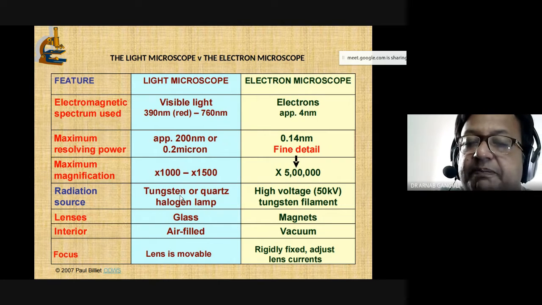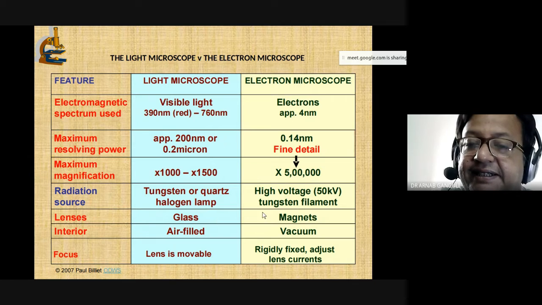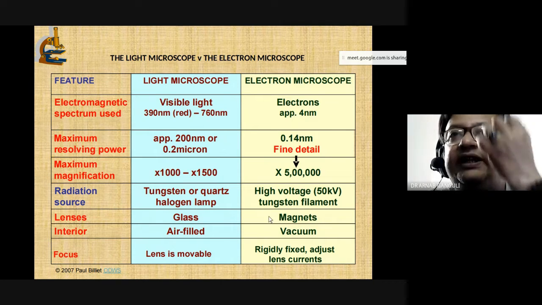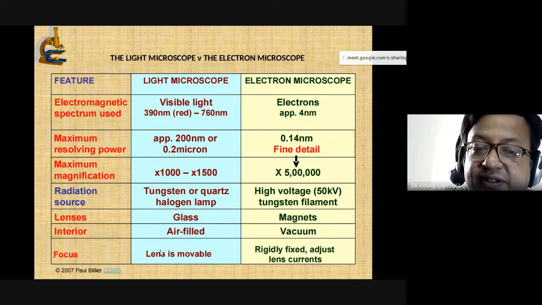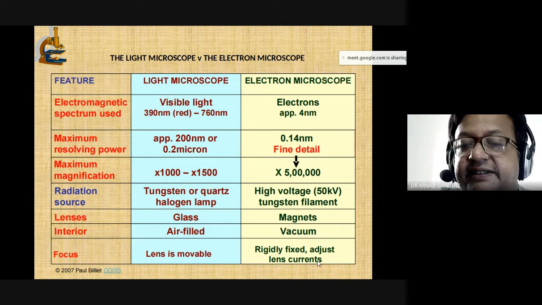Radiation source, you use a bulb, and here you use a high voltage tungsten filament. Lenses are glass. Here the lenses are magnets. The interior is air filled. Here the interior must be vacuum, otherwise the air will absorb your electrons. Focus, the lens is movable, but here the lens is rigidly fixed.